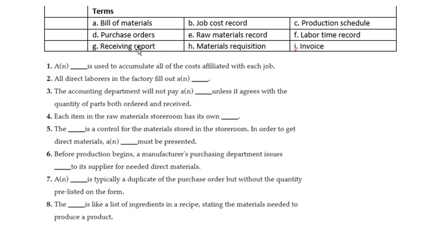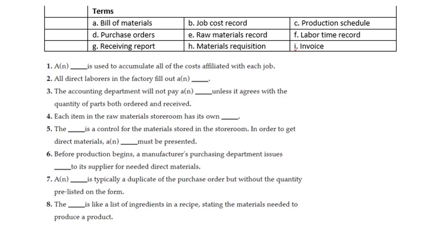We don't list the quantity because we want it counted on the dock. When it's received, we want somebody to count how many are in there and not just depend on what the inventory says. And then finally, blank is like a list of ingredients in a recipe stating the materials needed to produce a product. What would that be? Bill of materials? That sounds good to me.